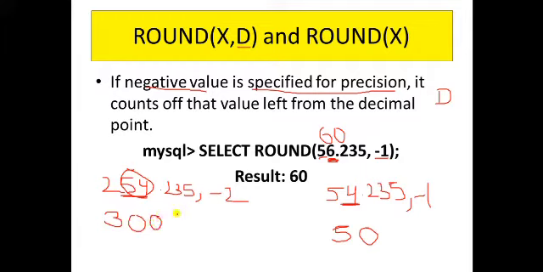In case instead of 254 we have 234.235 comma minus 2, then what will happen? This is less than 50, so it will become 200. So this is the effect of the round function when we look at the left-hand side of the decimal. I hope it is clear up till here to you all.